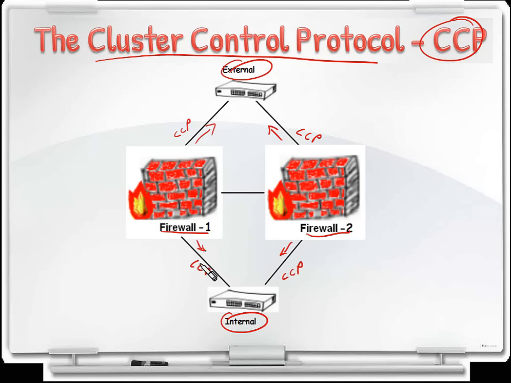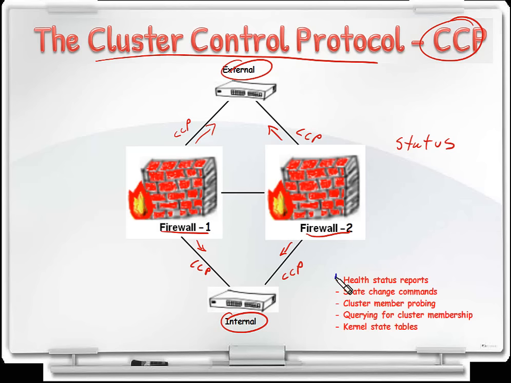The clustering control protocol is going to be updating the status of all the cluster members. What status information? Well, there's a few things. Number one, the clustering control protocol is going to send health status reports. And so every second, it's going to send 3 packets.